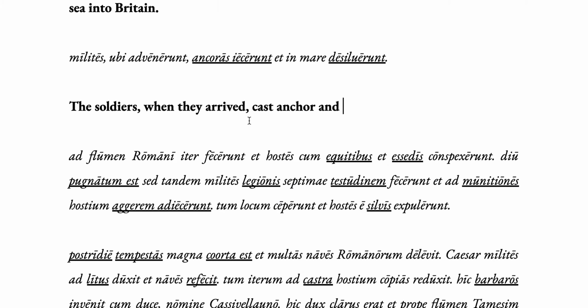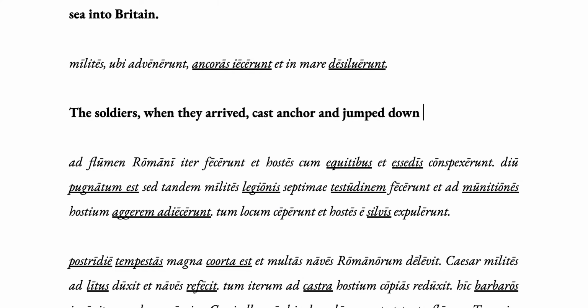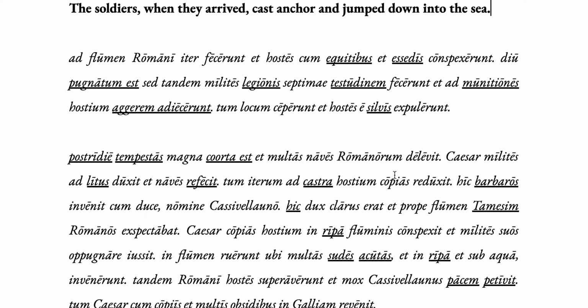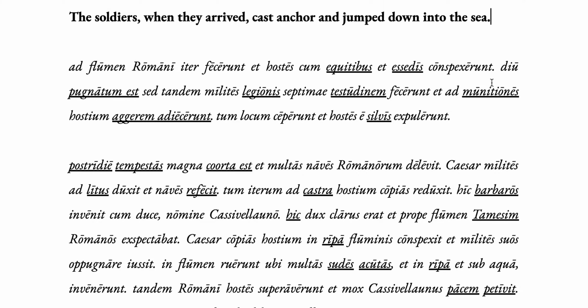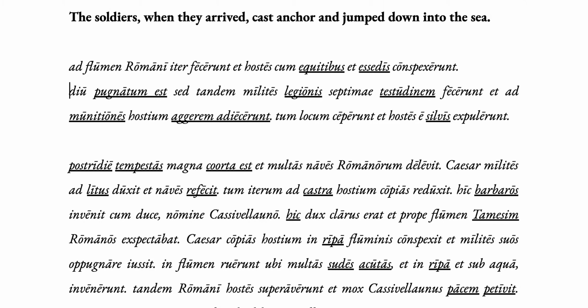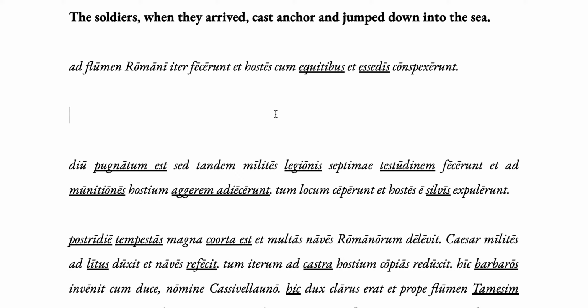They jumped down in mare, into the sea, in plus accusative. Okay, and then ad flumen, that means towards the river, but the subject is Romani, and the verb is fecerunt, so third person plural, because Romani is plural.